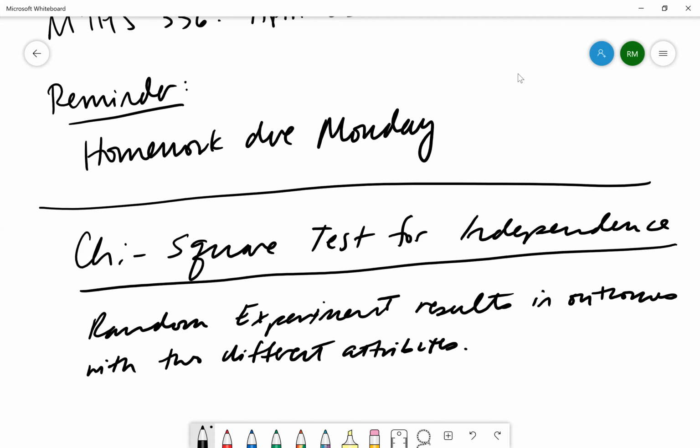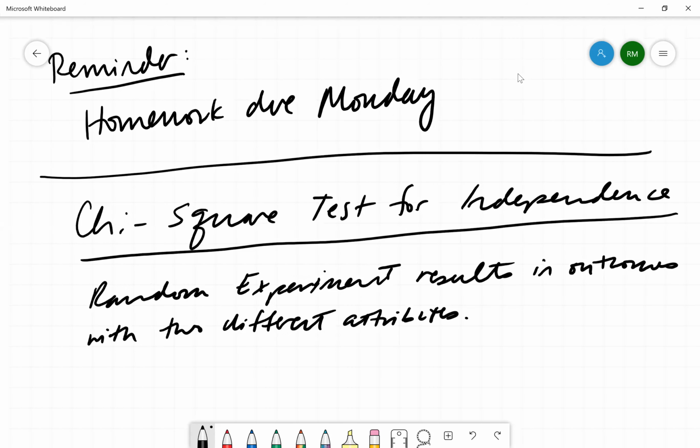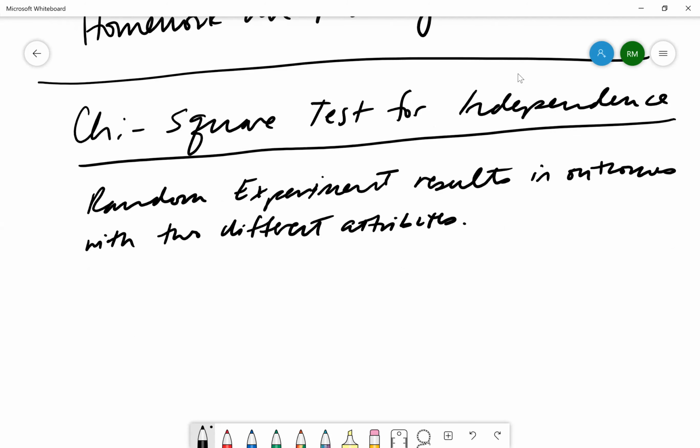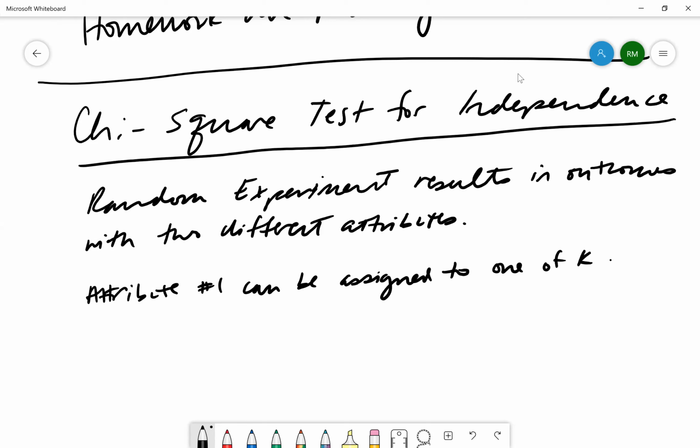Anyway, the first attribute is assigned to one of k events, and attribute 2 can be attributed to h events.